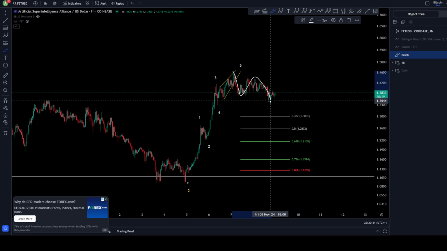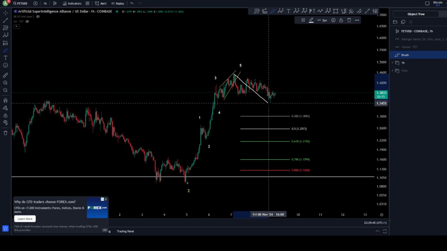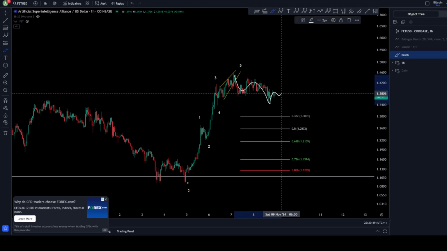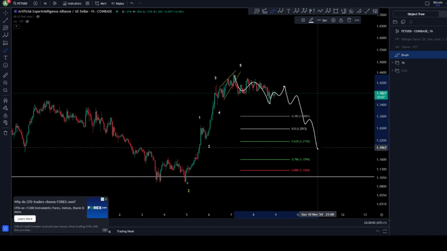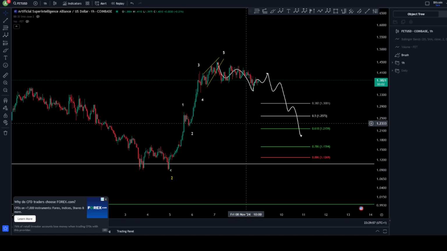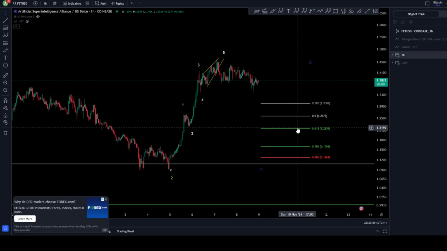And possibly this is the first wave of your correction, which can be your wave A in 3 waves, and then moving up again for a wave B, and then a massive wave towards the downside to reach your wave 2 fib levels, which are in between the green box.